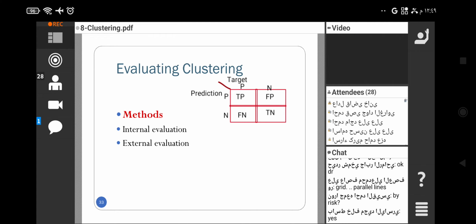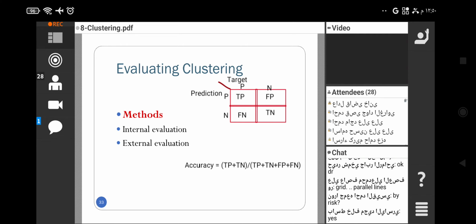The formula of the accuracy is like this. Accuracy is equal to true positive plus true negative divided by true positive, true negative, false positive, false negative.